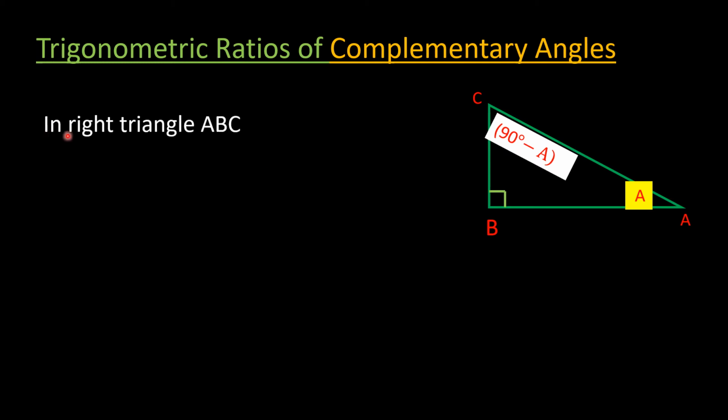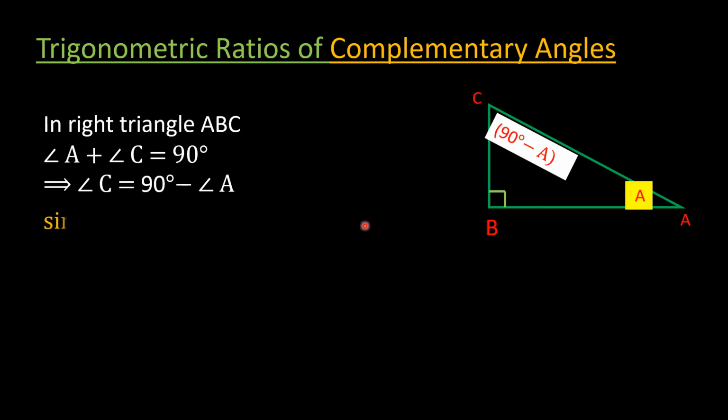Therefore, in this right triangle ABC, we can write angle A plus angle C equals 90 degrees. Now we write angle C in terms of angle A. So we write angle C equals 90 minus angle A. Now in right triangle ABC, we write sin A equals BC divided by AC.